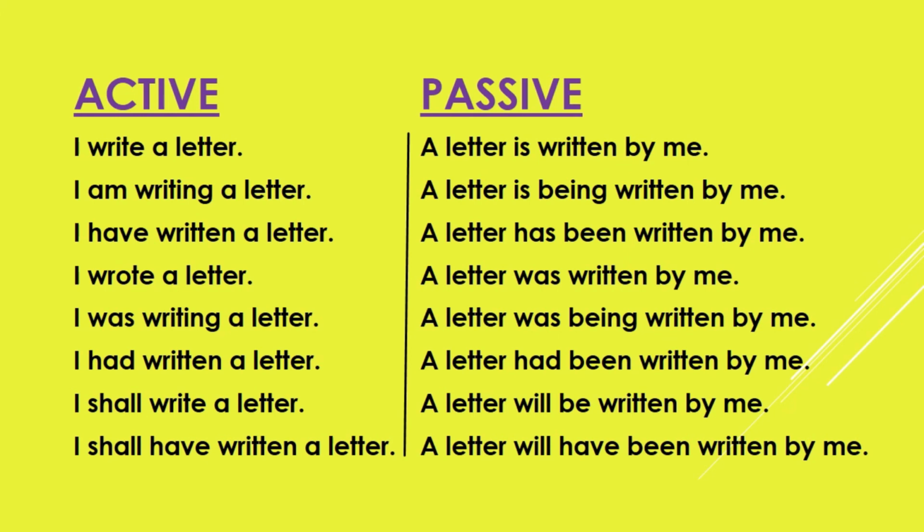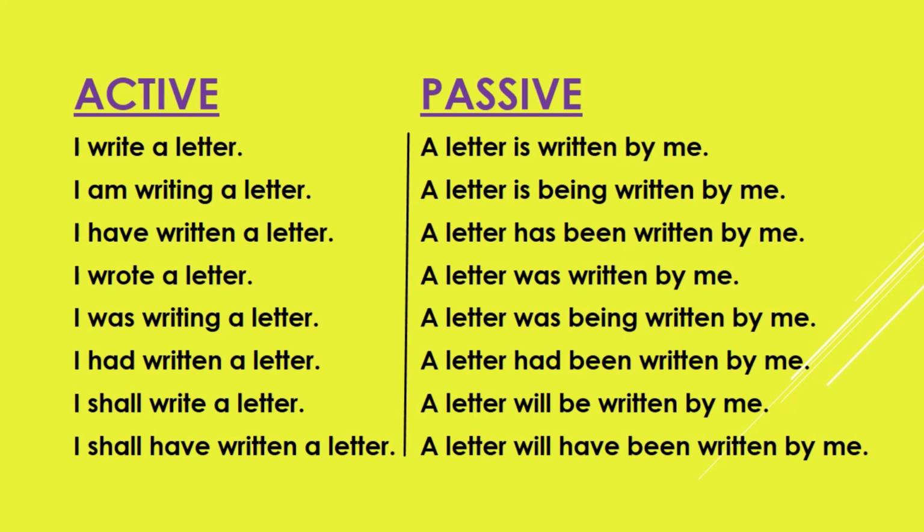In case of simple future tense, I shall write a letter, and in the passive, it has become a letter will be written by me. Now here let me remind you, in the active voice, the auxiliary verb was shall. Why was it so? Because the subject was first person singular number.